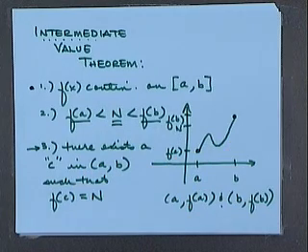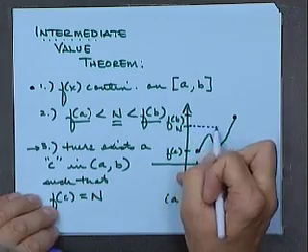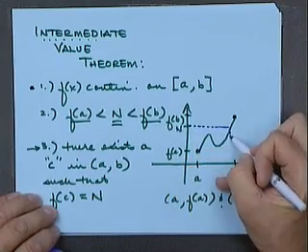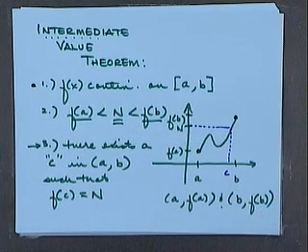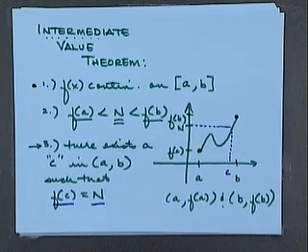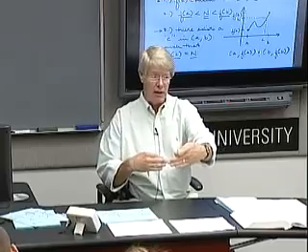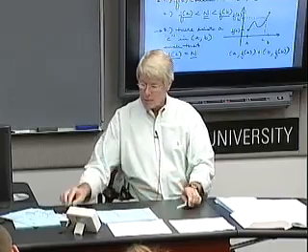What this theorem guarantees is that if I come over to the curve and come down here, there is a guaranteed x value, in this case little c, such that the f of that c is going to give me that n value. So all of the values between f of a and f of b are used, so to speak. Some of them are used more than once.